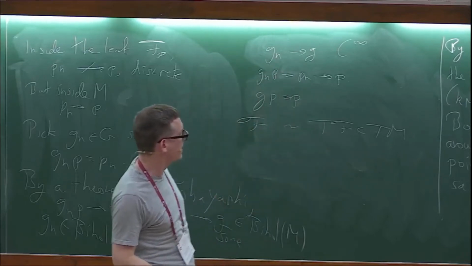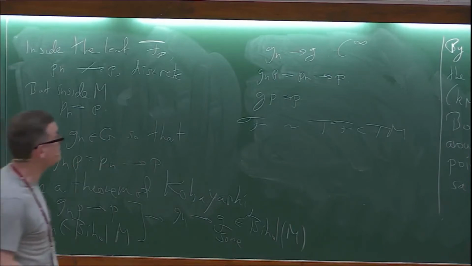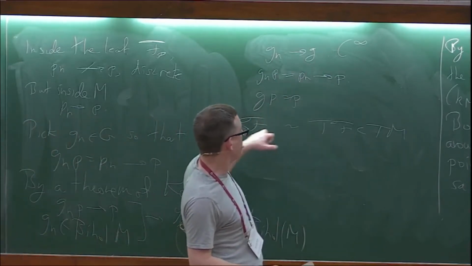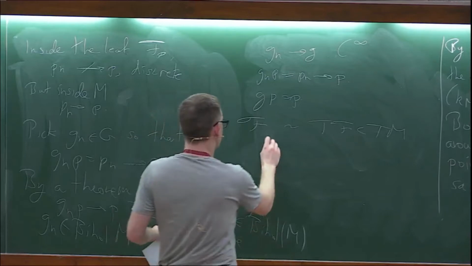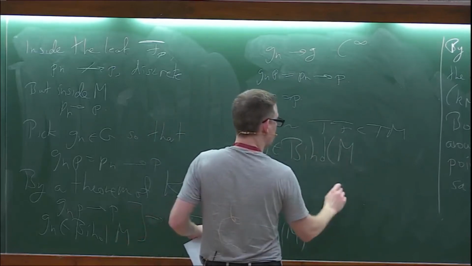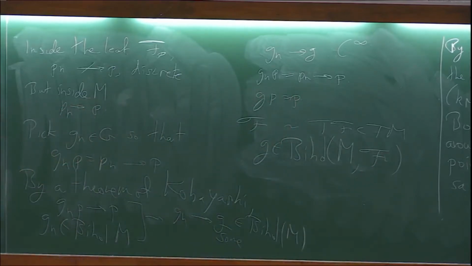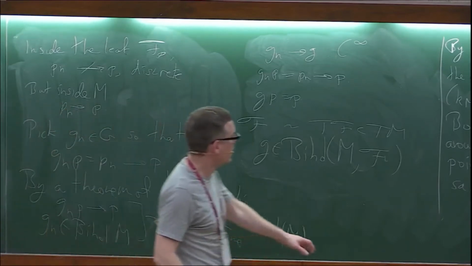That's exactly the property of preserving the foliation: preserving the tangent bundle of the foliation. So G must preserve the tangent bundle of the foliation, and that means preserving the foliation. So G is in fact a biholomorphism of M preserving the foliation, because that's really a local, or infinitesimal, condition. And so we have convergence forcing that.